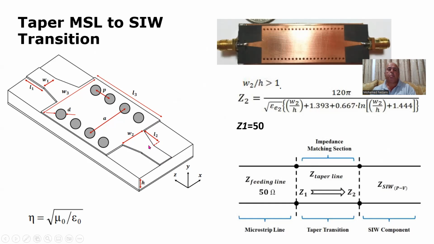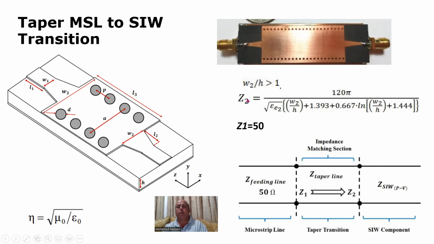This is basically an impedance transformer that transforms the 50 ohm microstrip line with this width here to the SIW. Likewise, we use one at the output. We introduced the equations for the second impedance looking into the SIW, and we gave the references to that. Of course, Z1 is the impedance on this line, and this is a pictorial copy of how this thing is constructed on a PC board.